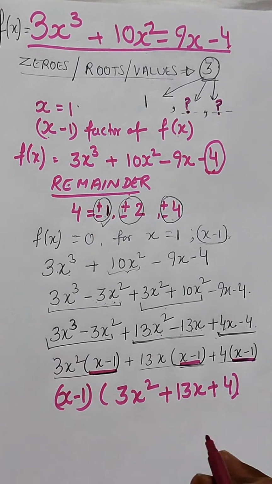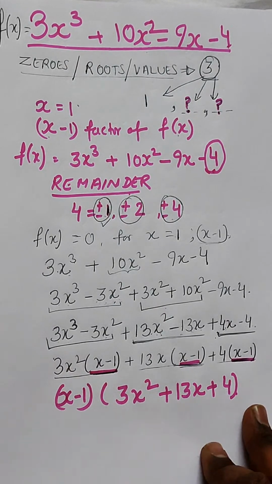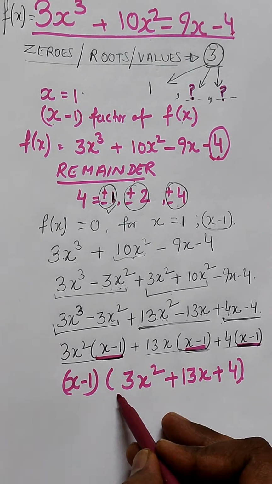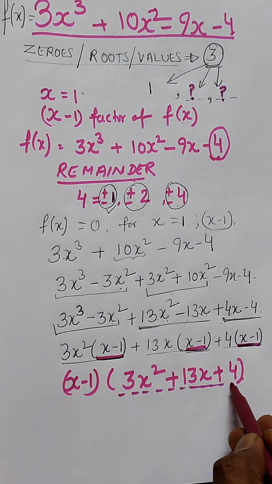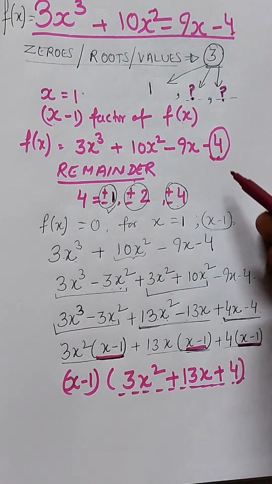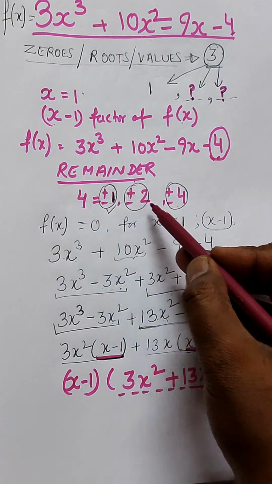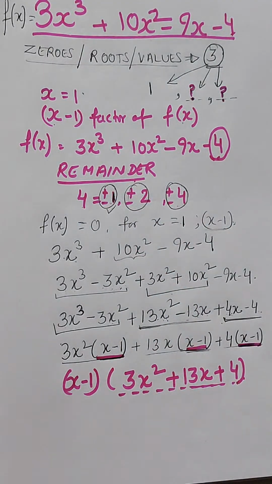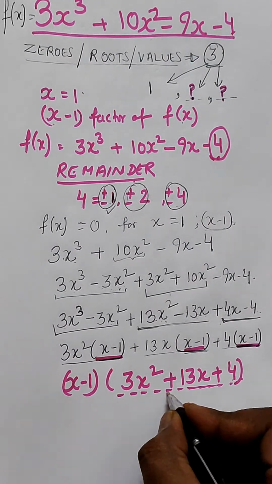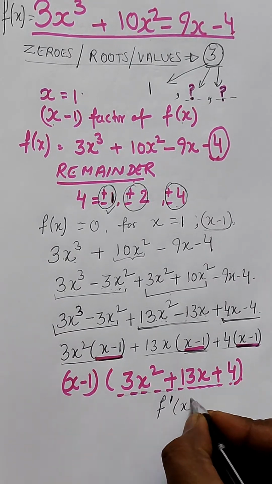Now for 3x square plus 13x plus 4, using the same method as we did earlier, take the constant term and for this take the factors. So factors of 4 are plus minus 1, plus minus 2 and plus minus 4. Let us say this is f of x, right?